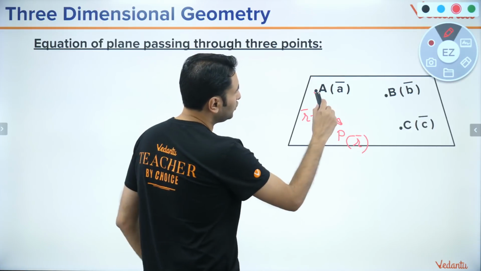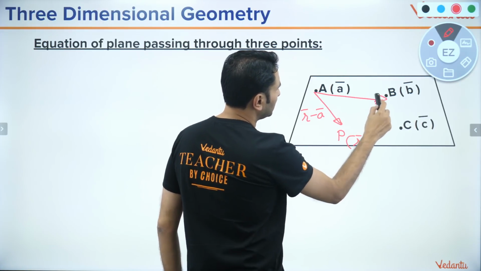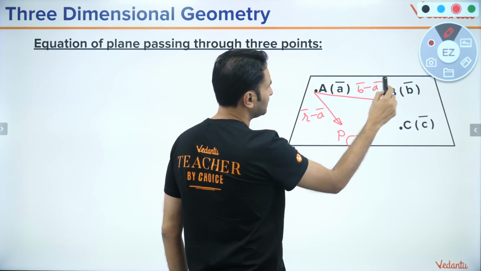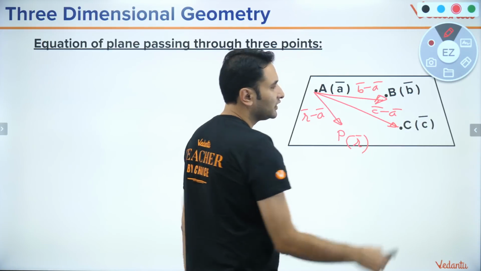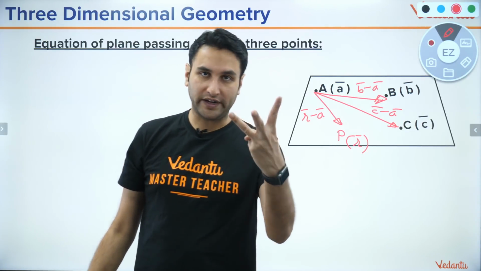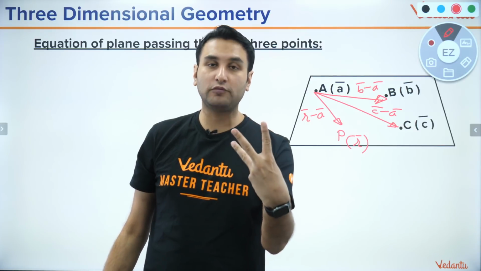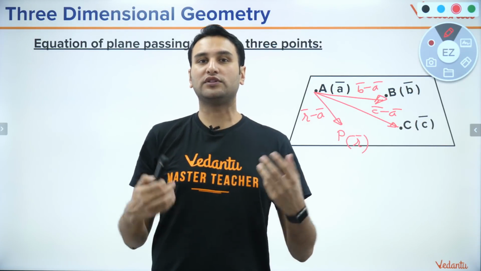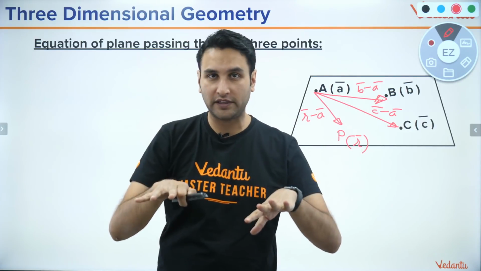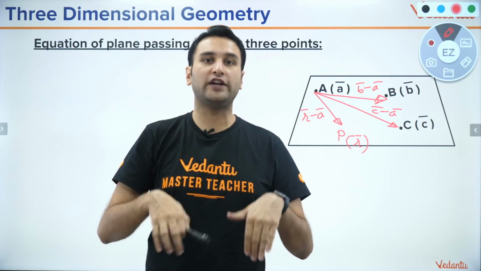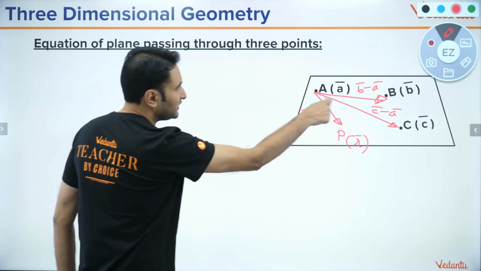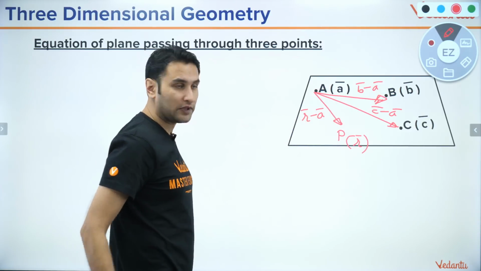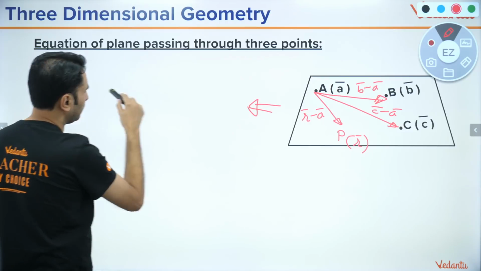Maybe you want to take this vector, B vector minus A vector, and say this is the third vector. Now out of the 3 points, by subtracting them you created 3 vectors. Now these 3 vectors lie on the plane because the points also lied on the plane, so their box must be 0.